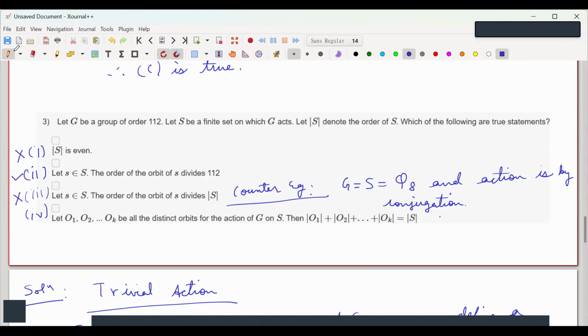There we were saying the number of orbits does not divide the order of G, but here it says more: whether the order of the orbit of s divides |S|. S and G are both the same, so that means just the order of G. So this won't be a counterexample.